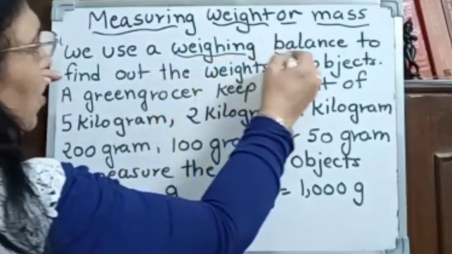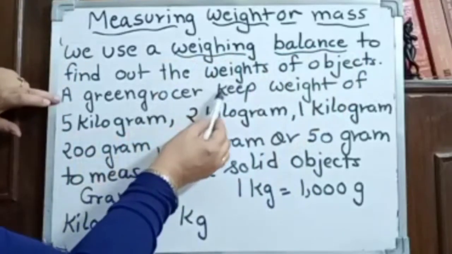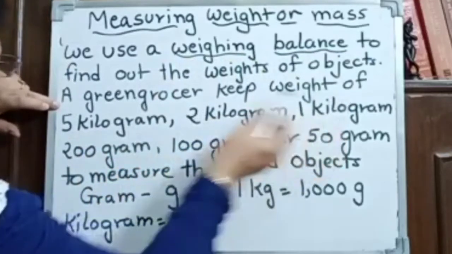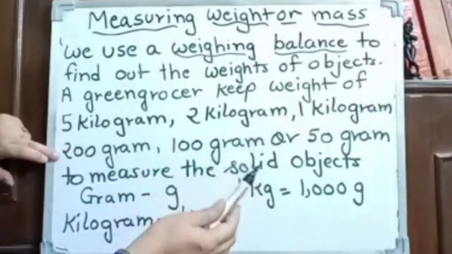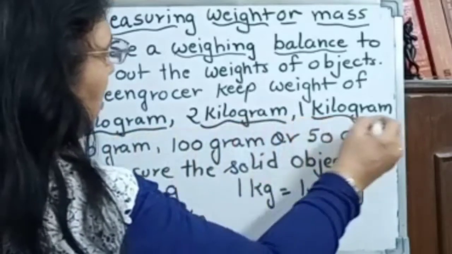Generally you have seen greengrocers keep weights of 5 kilogram, 2 kilogram, 1 kilogram, 200 gram, 100 gram or 50 gram. These are the weighing measures.